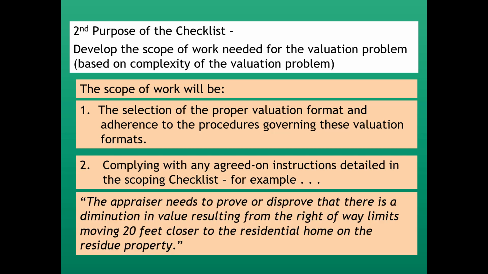An example would be the appraiser needs to prove or disprove that there is a diminution in value resulting from right-of-way limits moving 20 foot closer to the residential home on the residue property. That's an example of what a detailed instruction could be.